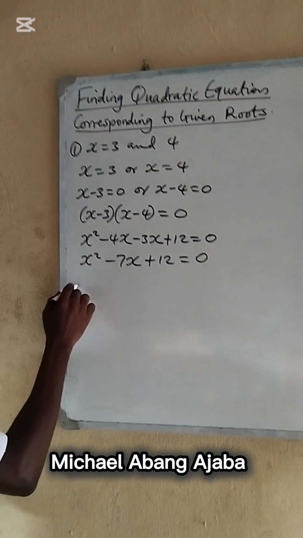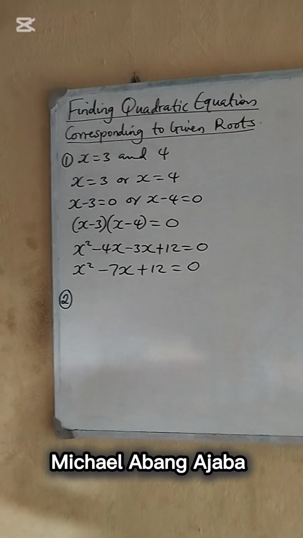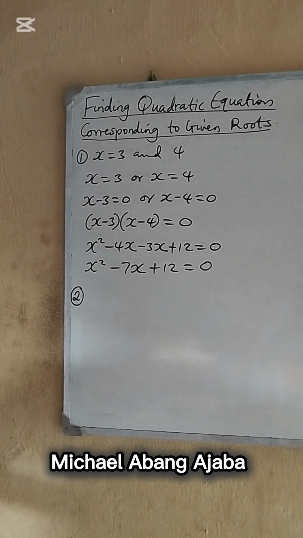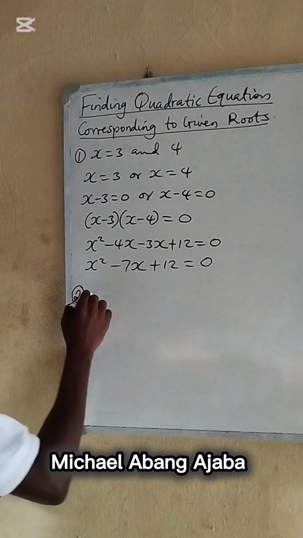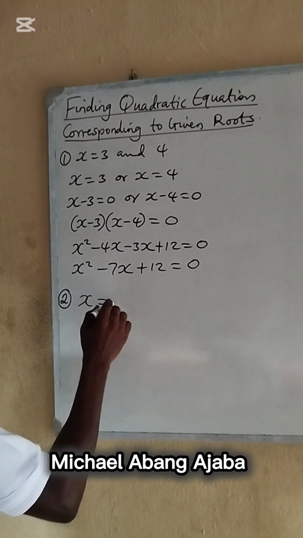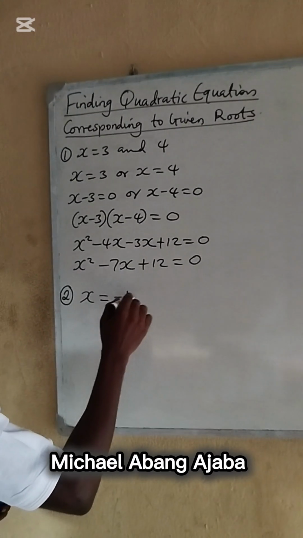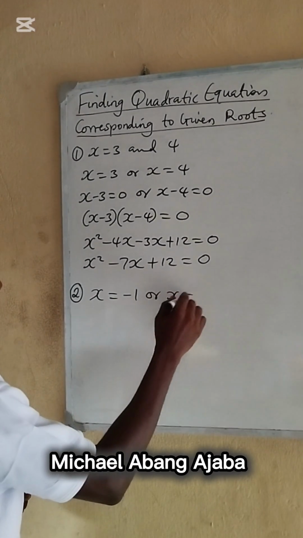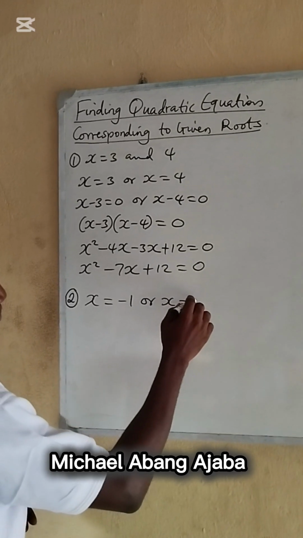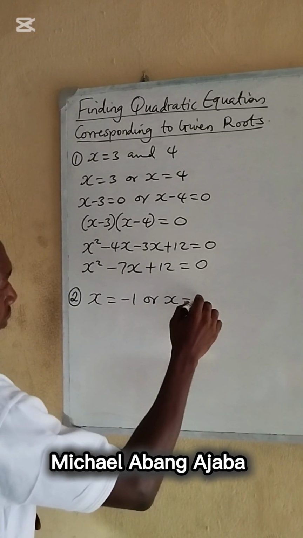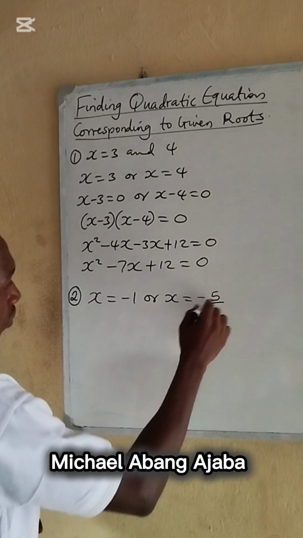Let's take another example. You are asked to find the quadratic equation corresponding to the roots x equal to minus 1 or x equal to minus 5 over 2.